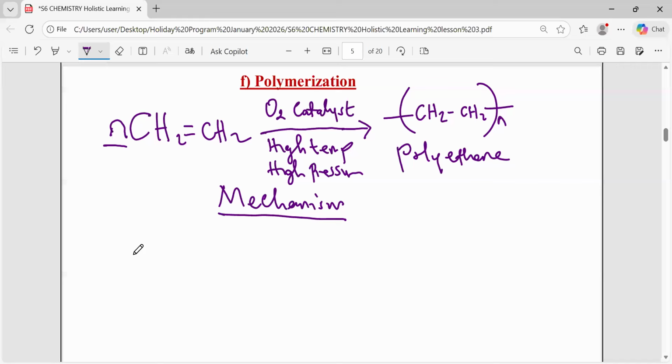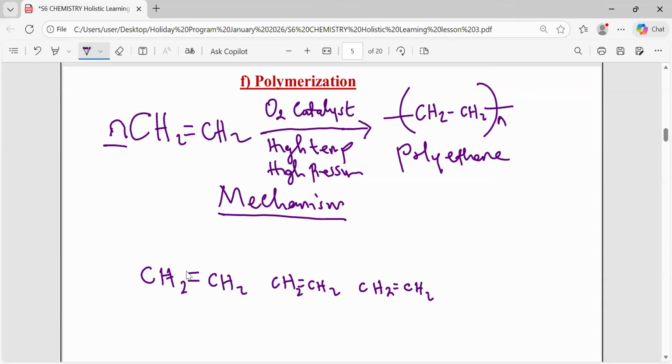Now, we are having ethene molecules here, CH2 double bond CH2. Let's use like 3 of them, CH2, CH2. These are 3. But of course, here you're saying that there are many ethene molecules.